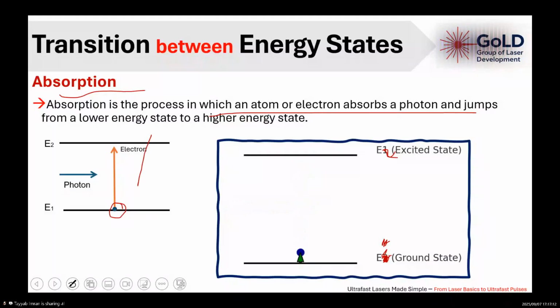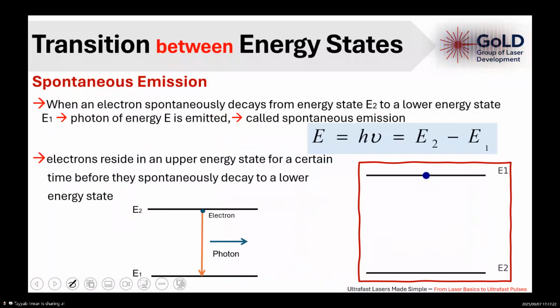And you can see here how it is animated. The second case is spontaneous emission, which happens in a natural way. Without spontaneous emission, we cannot have a laser, actually, we cannot have a stimulated emission.